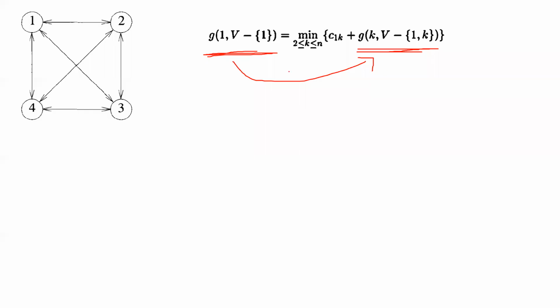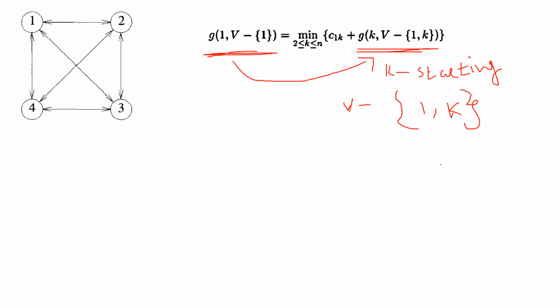Right now, what is this here? K indicates the starting city. And V minus 1 comma K represents the remaining vertices. So out of V, you have already visited the first node because it is the starting city.